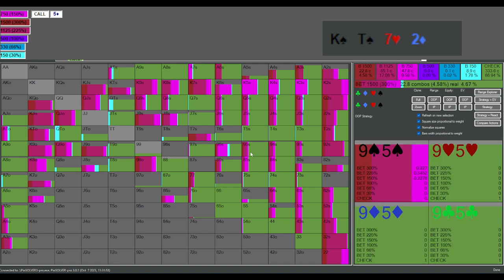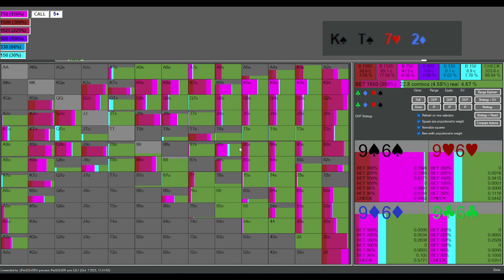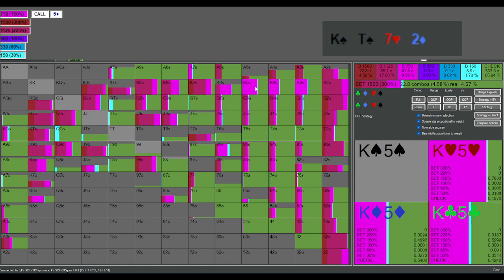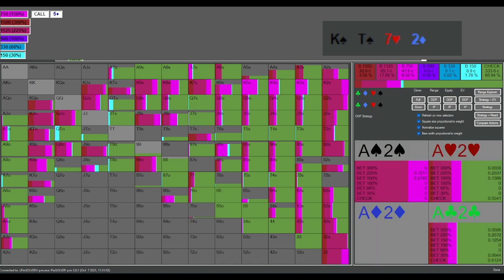So just make sure you're thinking through these exploitative spots in game, and you're not trying to get some thin value, but then also getting cold feet because you don't think they're defending enough. It can't be both.